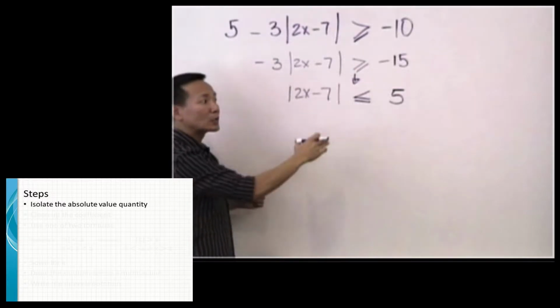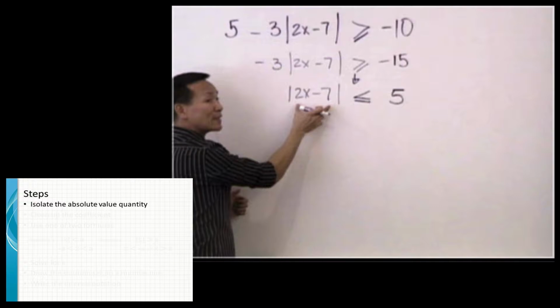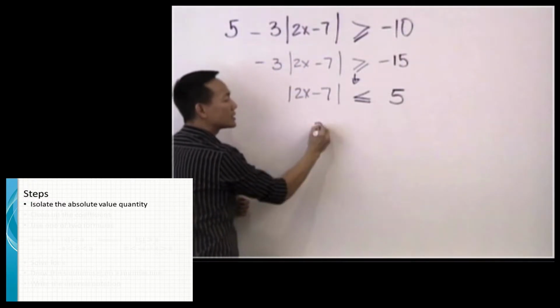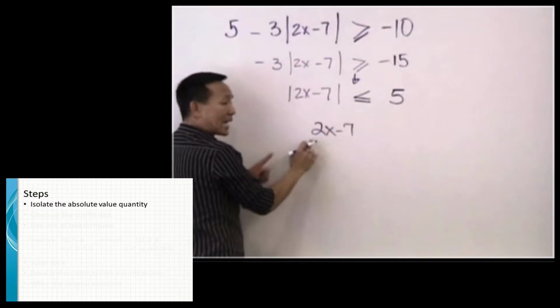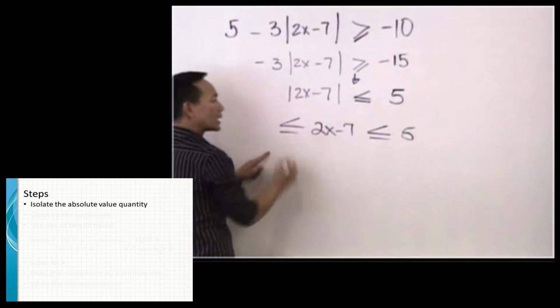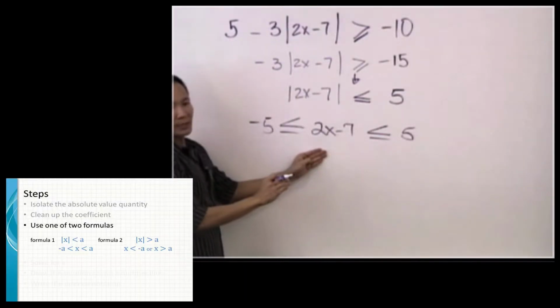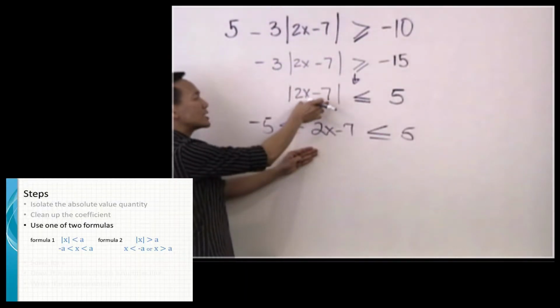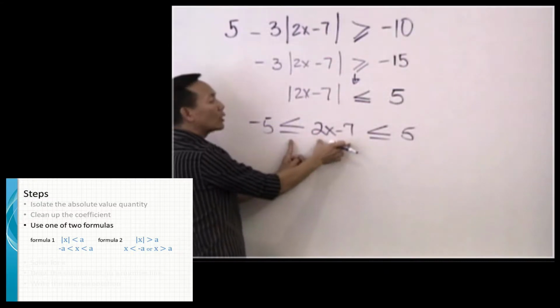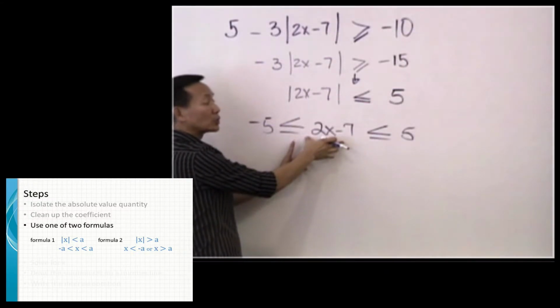But here I want something less than or equal to 5. So therefore, this expression, 2x minus 7, can only be between 5 and -5. So from here to here, we transform this expression to something without the absolute value symbol, so you are able to solve for this.